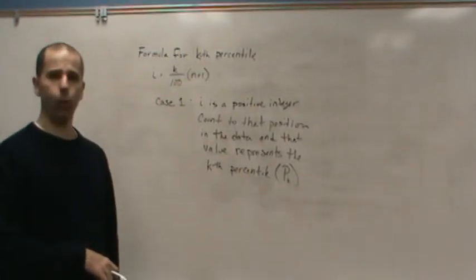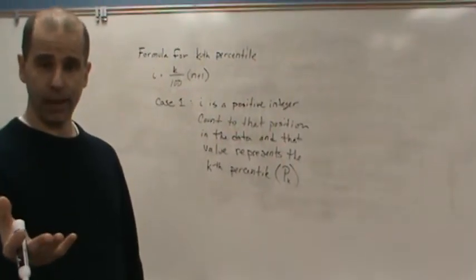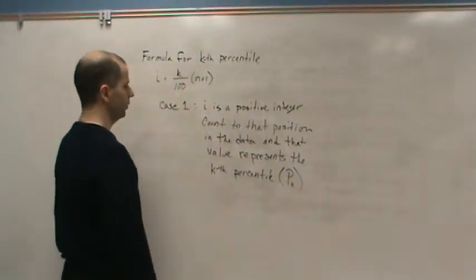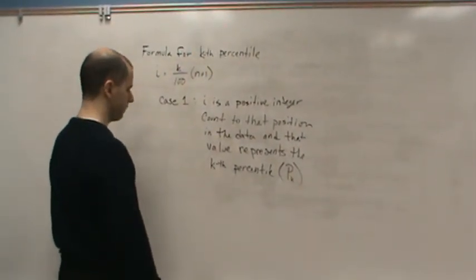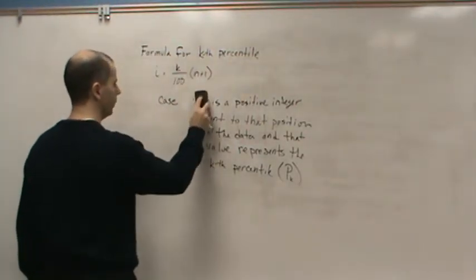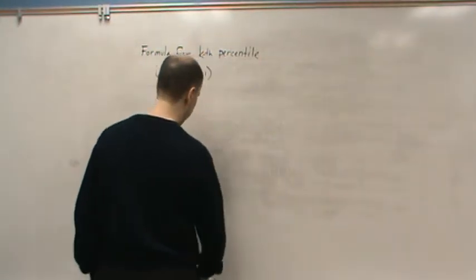Now what if it's not a positive integer? Let's say it's not a whole number. What is that going to look like? Well, let's do case two. It's not a positive integer, which means it's a decimal. What are we going to do then?